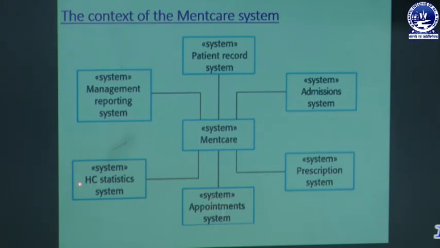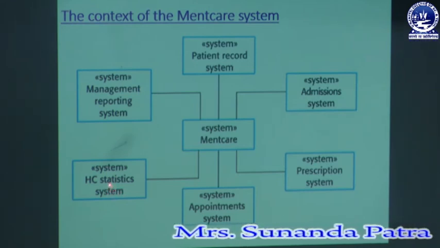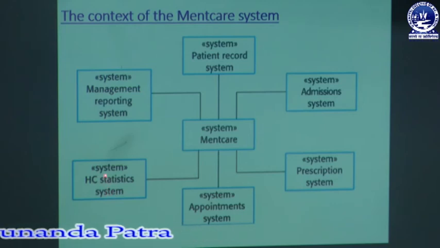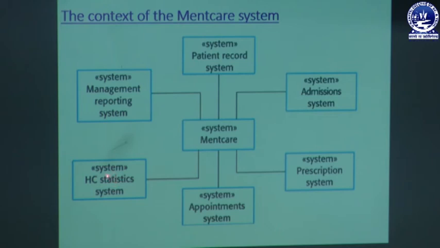Next, we have a health care statistics system. That means how many patients have registered there, how many patients have been admitted into the health care, how many prescriptions have been given, what types of drugs are prescribed by the doctors. So, this is the statistics system, and if there are 300 mentally ill people, then how many got recovered.